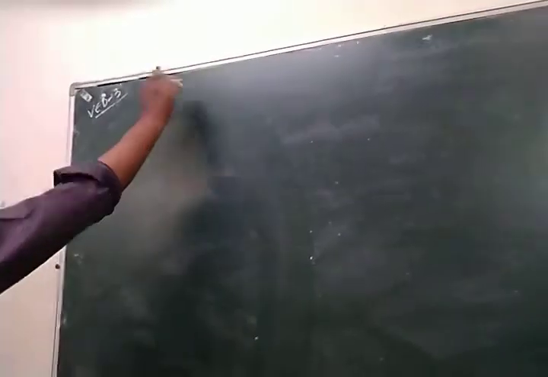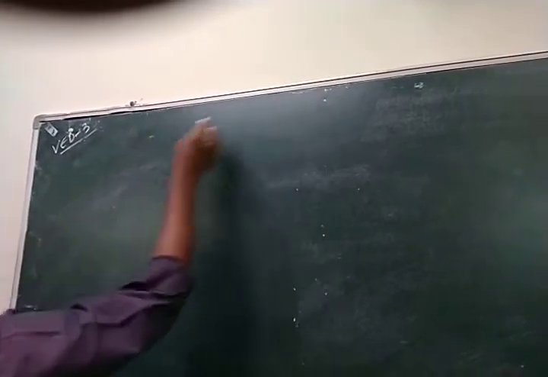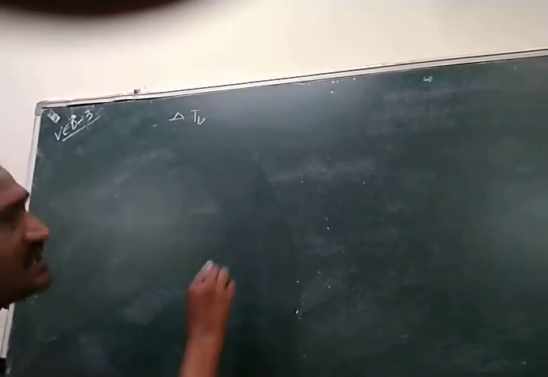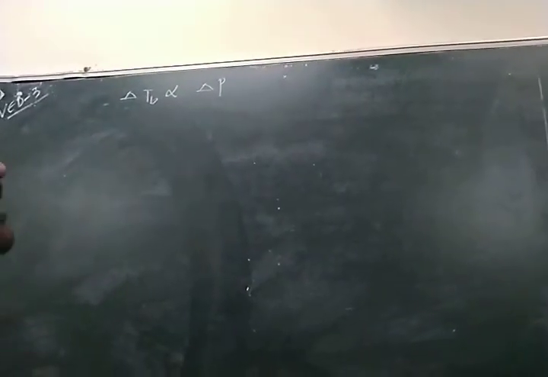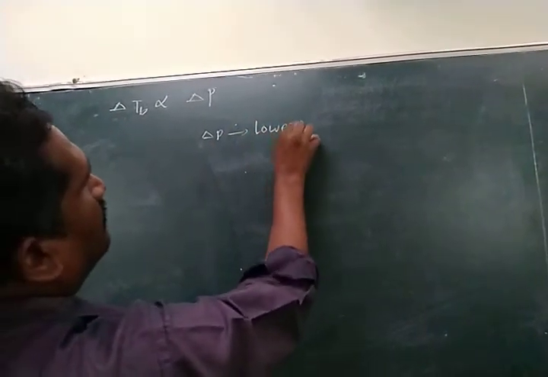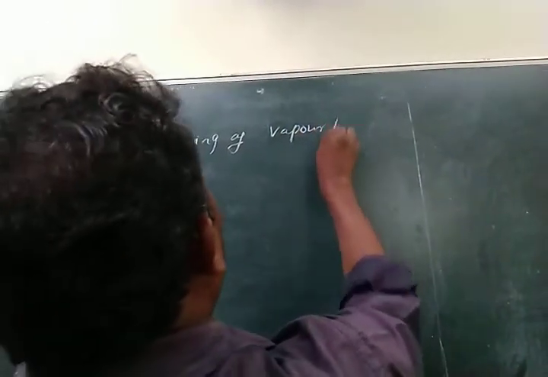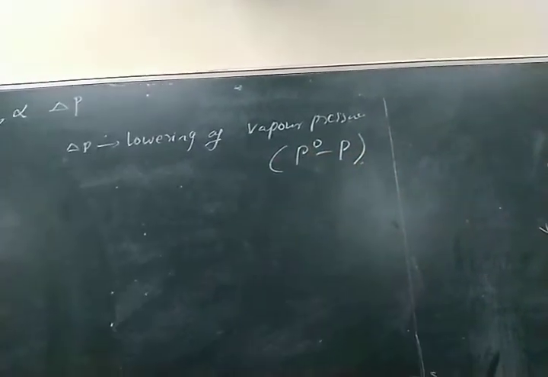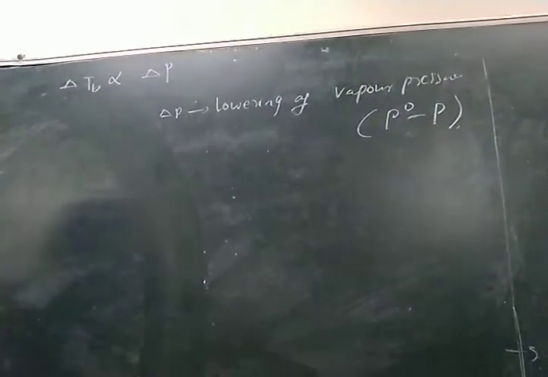So we know that the elevation of boiling point, delta TB, is directly proportional to delta P. Delta P is the lowering of vapor pressure, that means P naught minus P. So delta TB, the elevation in boiling point, is directly proportional to the lowering of vapor pressure.